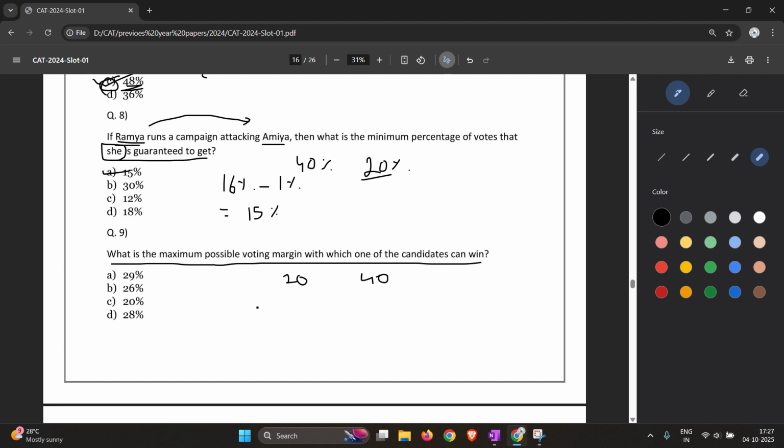And from 20%, she'll now only get 15%, which we saw over here, because 4% of her voters will go there and 1% will not vote at all. And she over here will get 40% of the votes. So, what is the maximum margin over here? The maximum margin is 44 minus 15, which is 29. So 29%, A is the correct option.